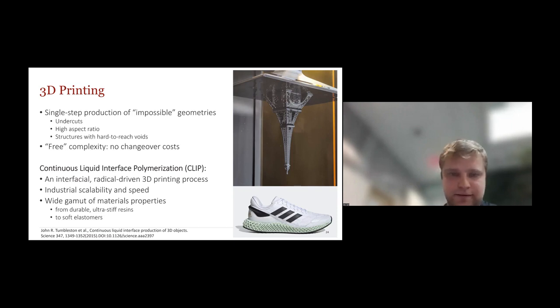And it can produce a wide range of materials with different properties. On the screen here, on the bottom, you see an Adidas shoe that's produced in the millions, if not tens or hundreds of millions. And that midsole, the lattice, is 3D printed using this exact process.